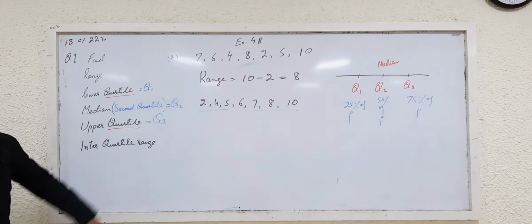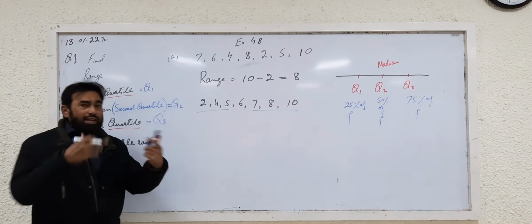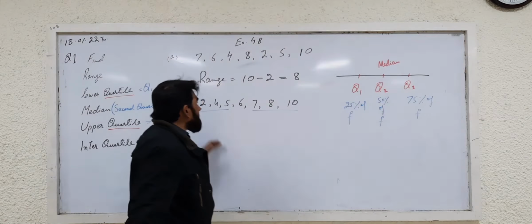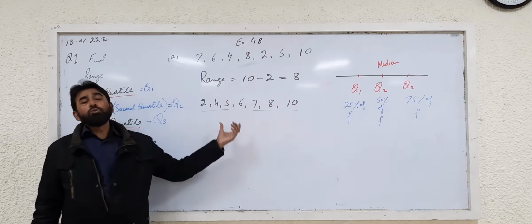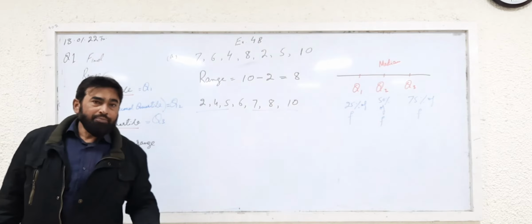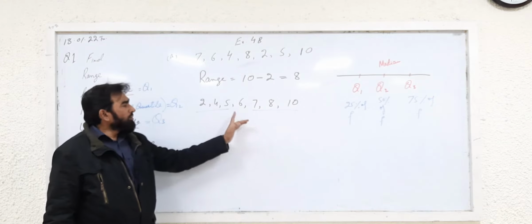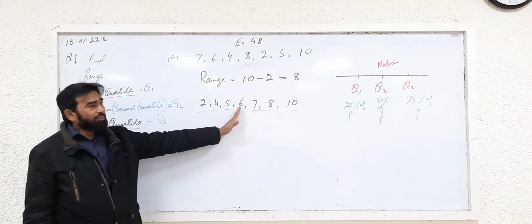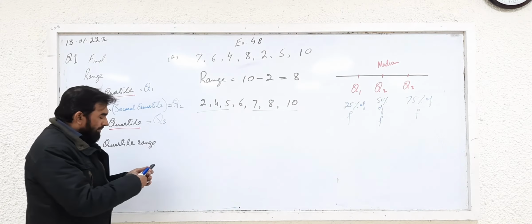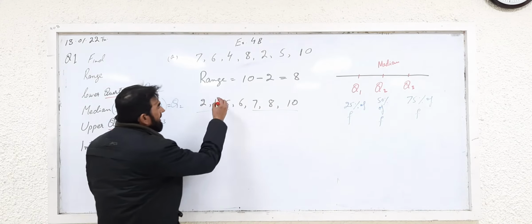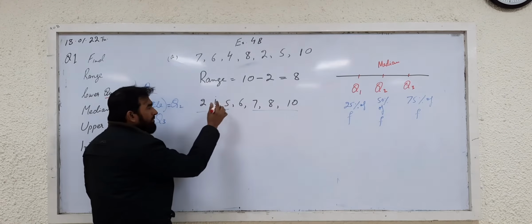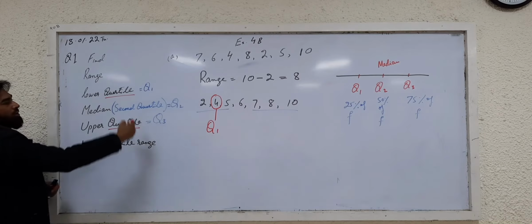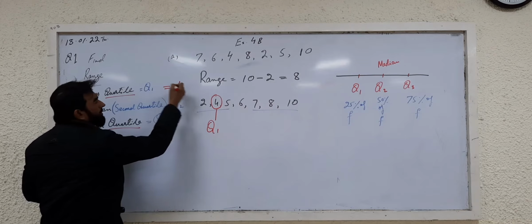I'll also give the example of what we are going to do when you have an even number of values. So when you have an odd number of values, the lower quartile will be the center value of these 3 values on the left. This is the Q1. So your lower quartile is 4.